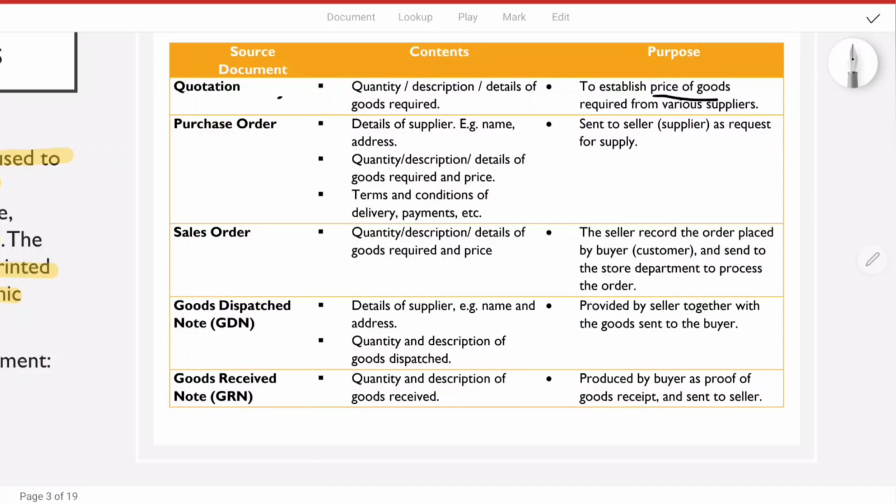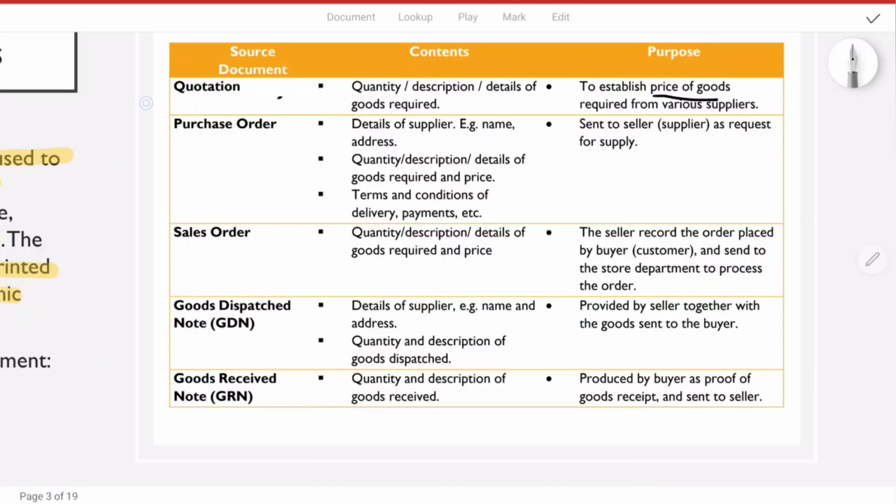After that, usually there will be a committee that will decide together on which quotation gives the best offer. When they agree on the selected supplier, only after that will the business come out with a purchase order.